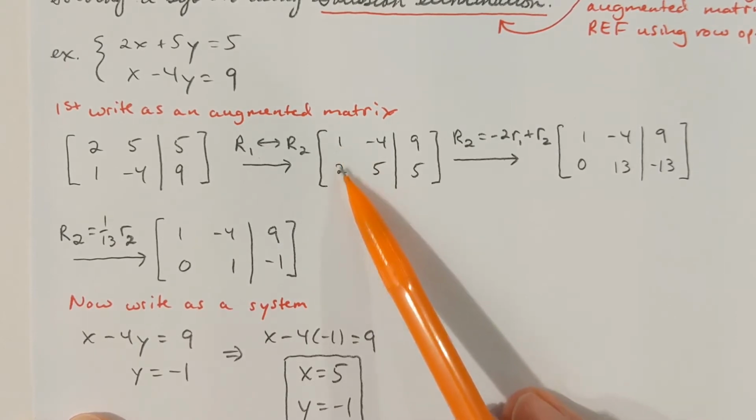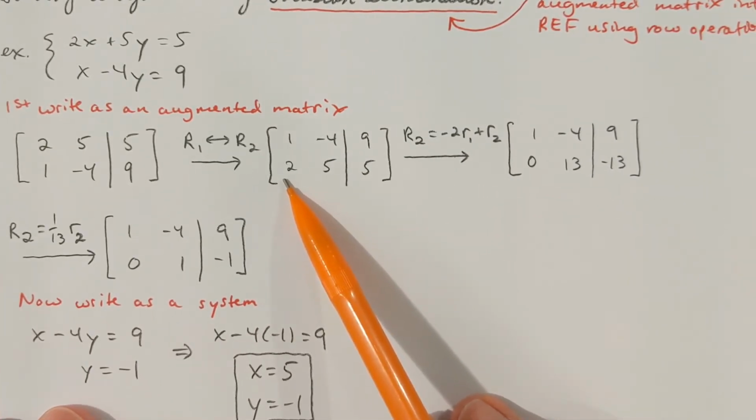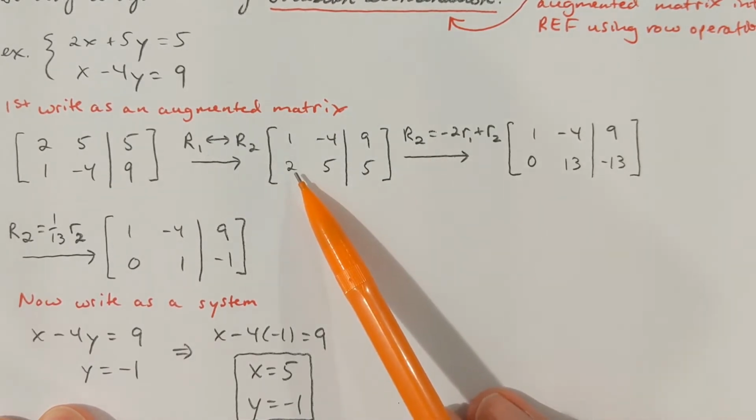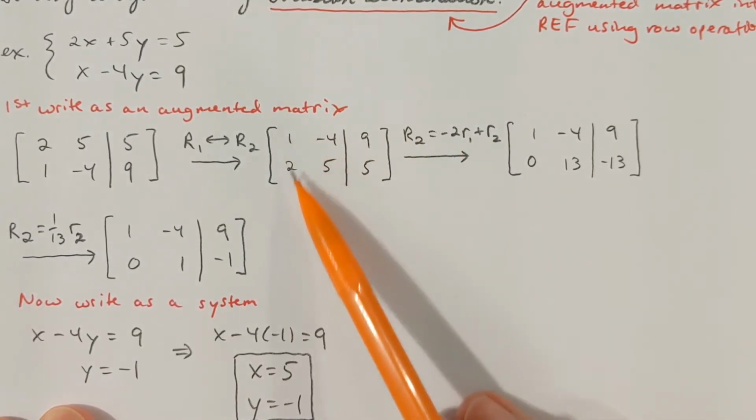Now, right below that, I need a 0. So I need to do some row operation on row 2. I need a new row 2 where I've got a 0 leading off there. To get this 2 to turn into a 0, you can take negative 2 times row 1 plus row 2.